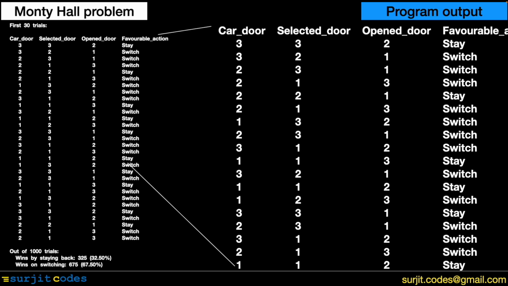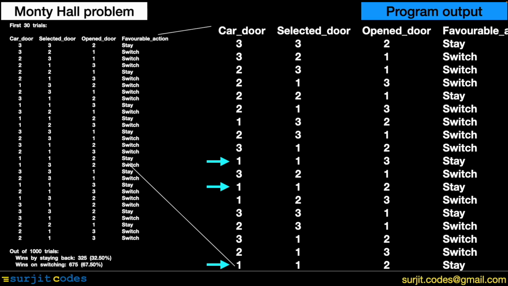In the first set of trial values, the car door and selected door are both 3. So, in this game, the host can open either of the doors 1 or 2. Python randomly opens door 2 on behalf of the host. Under the same situation, in a later trial, it opens door 1.